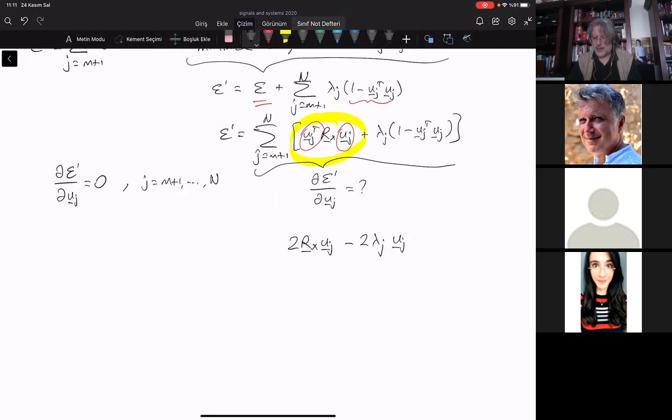This is the derivative. And I get rid of the summation because I'm taking the derivative for only one j. All the other j's will give you 0. So delta epsilon prime over delta uj is this, and I equate it to 0.